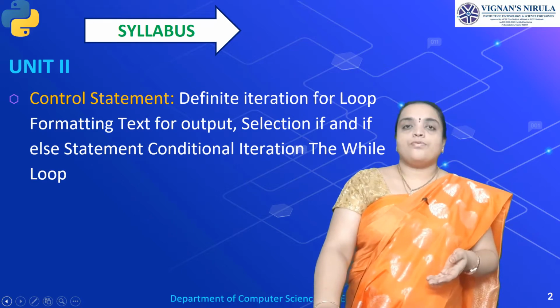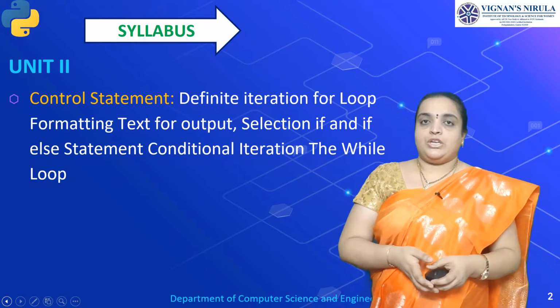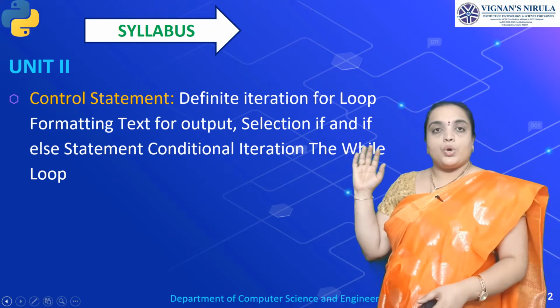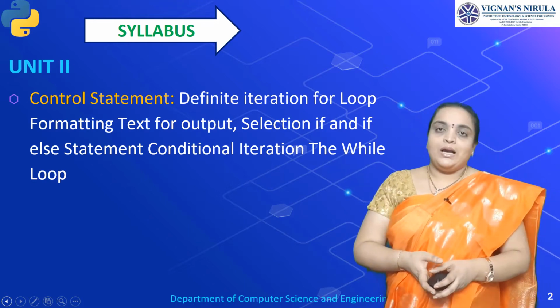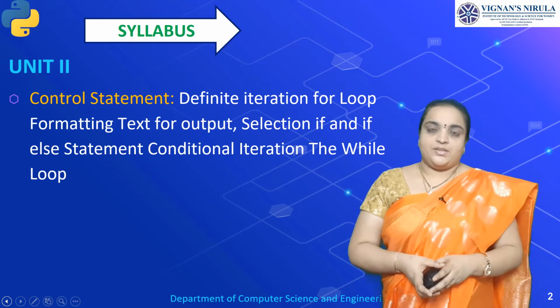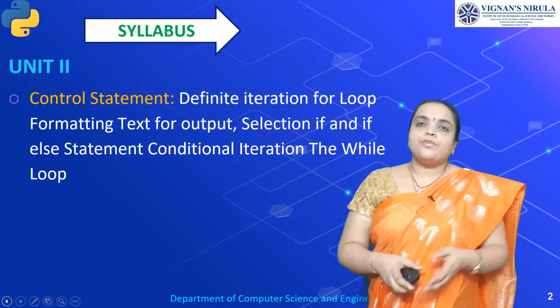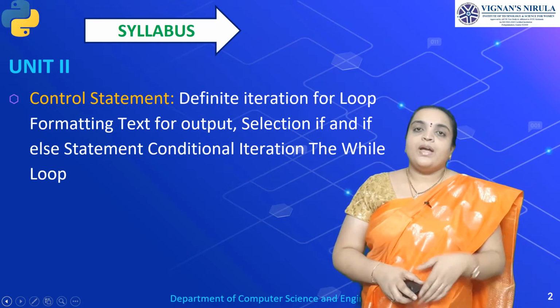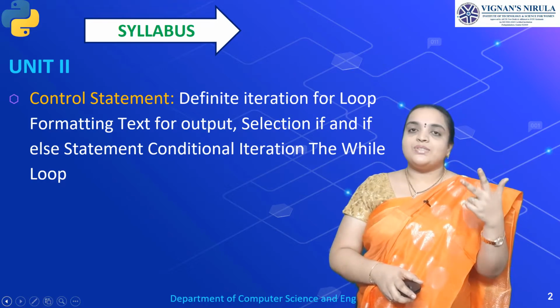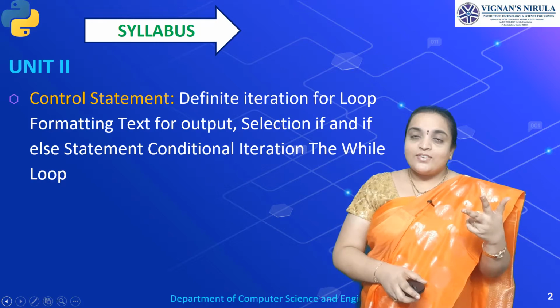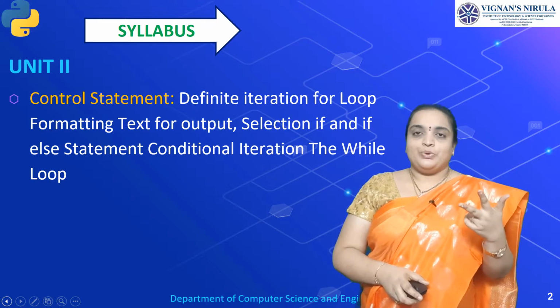Coming to the syllabus of the second unit, we are having control statements. So what are control statements, students? We have seen three types of control statements, isn't it? What are the three types? That is sequential control, iterative control, and what is the next one? Selection control, isn't it?